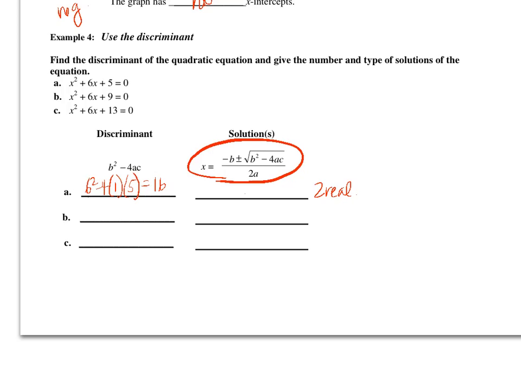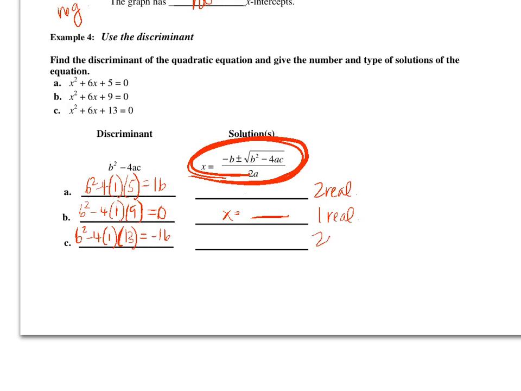In the second one, 6 squared minus 4 times a times c, you end up getting 0. I again know that there is one real solution, but without doing the quadratic formula, I don't actually know what x equals. The last one, 6 squared minus 4 times 1 times 13, I end up getting negative 16, so I know I'm going to have two imaginary solutions, which means my solutions are going to have i's in them. Now, I don't know what they are, but somewhere in there will be an i.